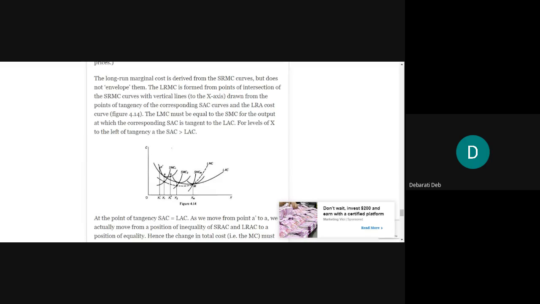The long run marginal cost is formed from points of intersection of the short run marginal cost curves with vertical lines to the x-axis drawn from the points of tangency of the corresponding short run average cost curves and the long run average cost curve. You look at the figure properly. This big U-shaped curve is the long run average cost curve, and the small U-shaped curves are what?